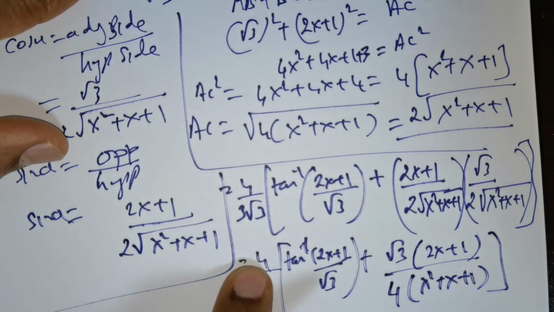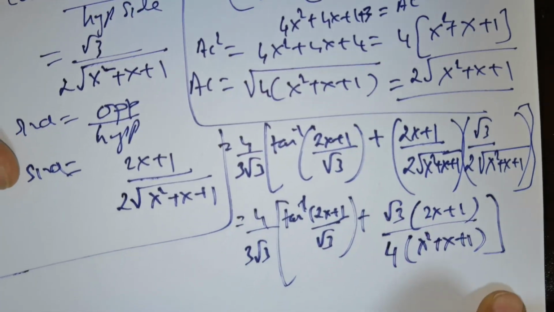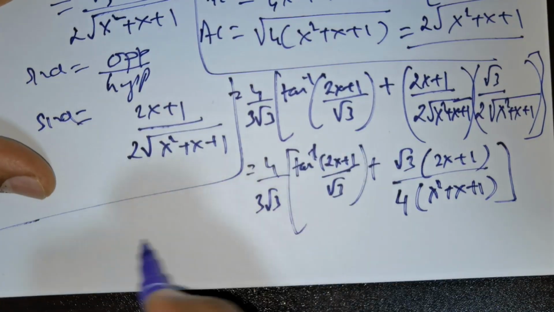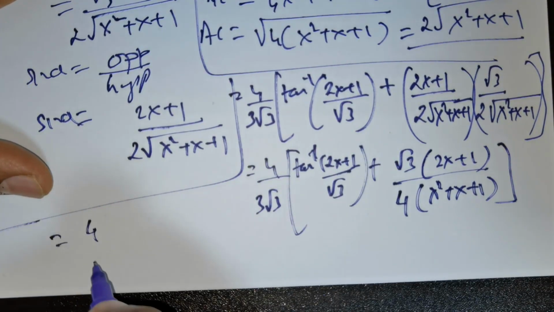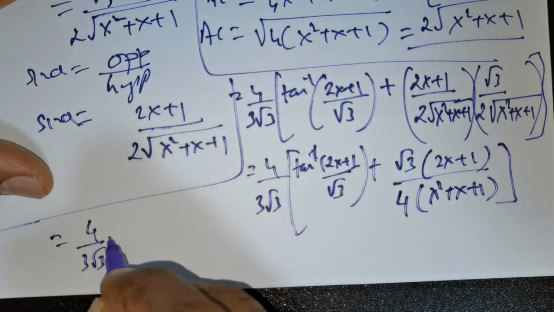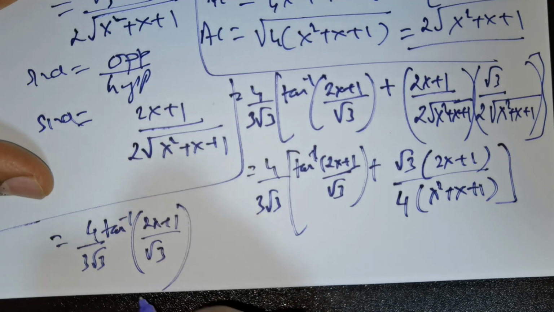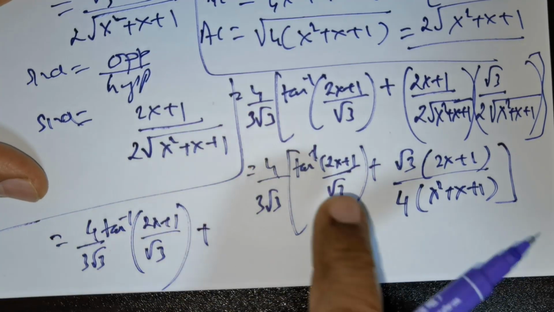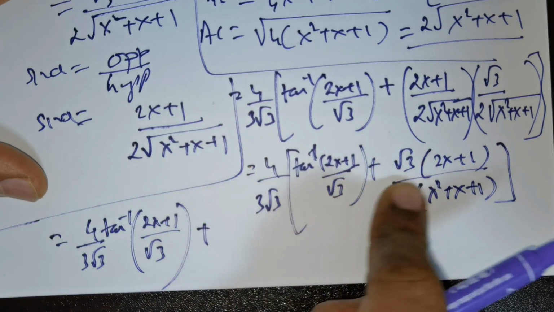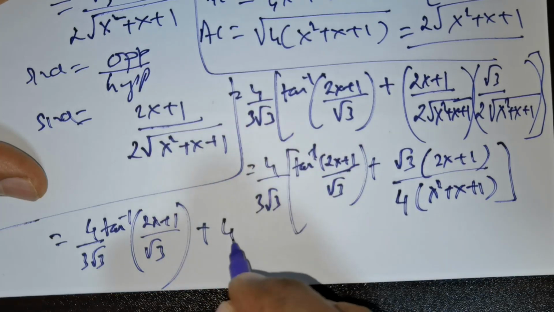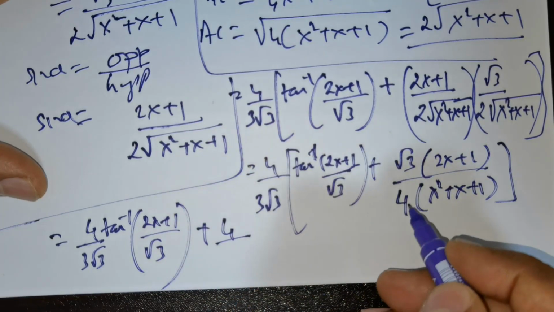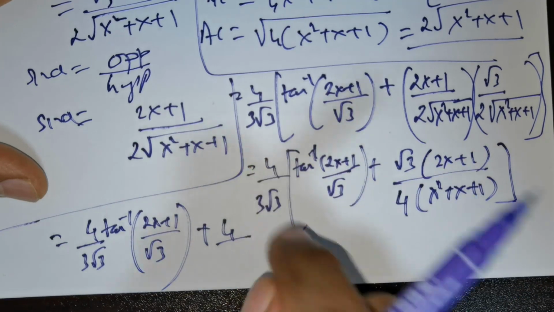Now let me bring this 4 over root of 3 times 3 inside. Let me distribute this. So this is going to be 4 times 3 into root of 3 tan inverse of (2x + 1) divided by root 3, that's one value, plus 4 into 3 into root of 3, root 3 gets cancelled, and 4 over 4 can also be cancelled.